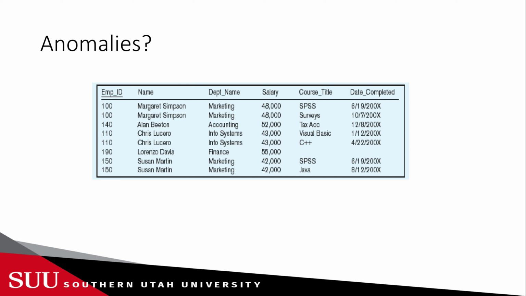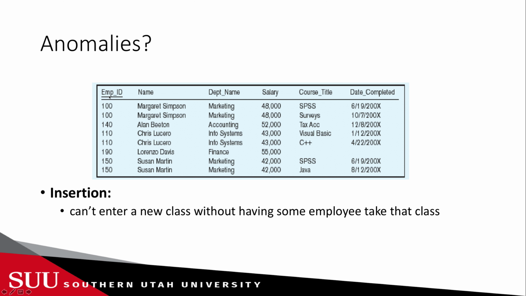Now, if I combine those in one table, can I insert a course before somebody takes it? The answer is no, because as we can see, the employee ID is the primary key in this case. So we have a case of insertion anomaly, which will prevent us from having a course without an employee registering that course. So we cannot just have the course in the system and offer it till someone comes and registers that course.